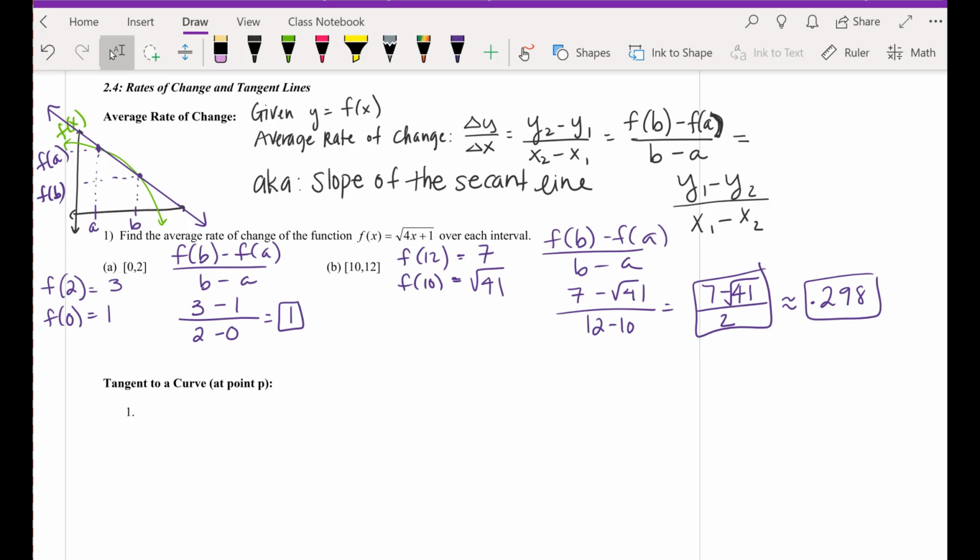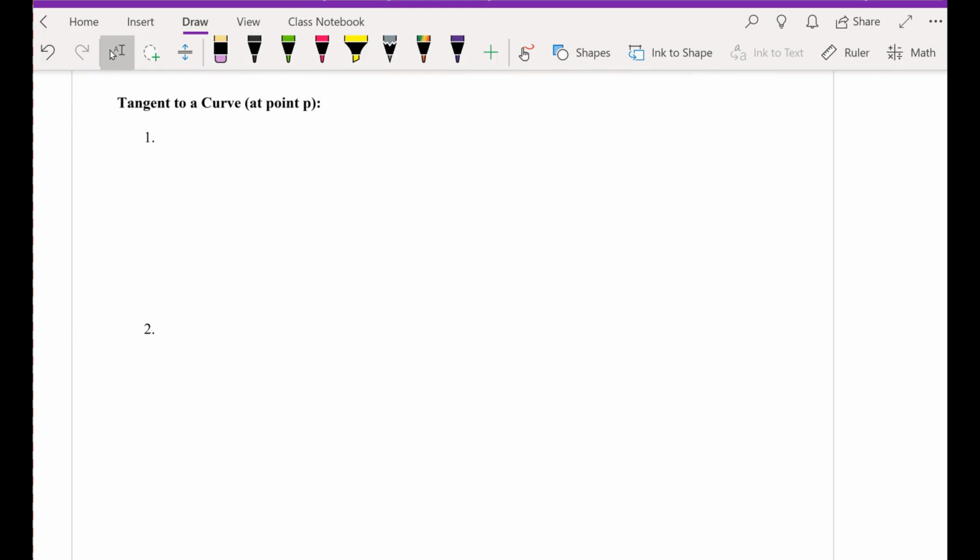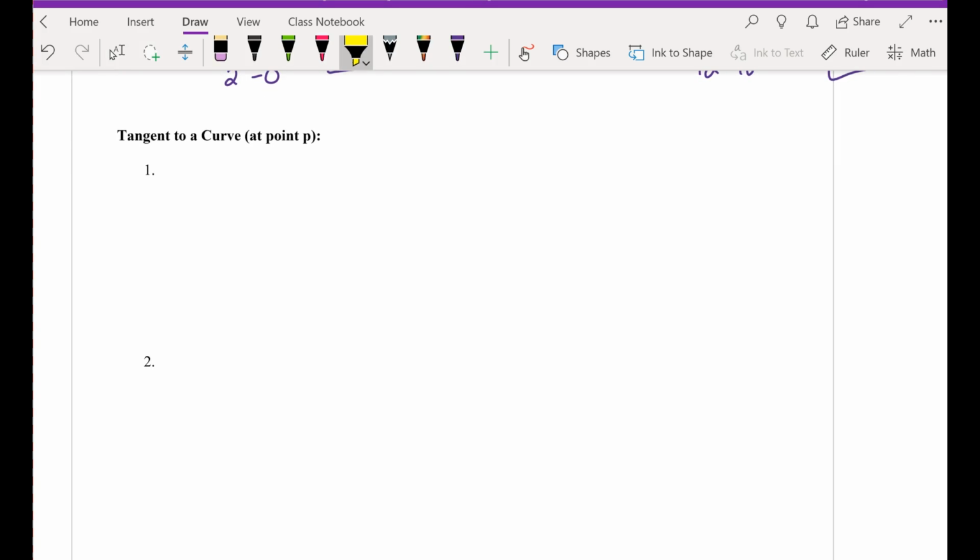Okay, tangent to a curve at a point P. This is the last definition, and we'll call it a day after this. I'm going to spell everything out. Tangent to a curve at point P. Can you see that this is only at one point?